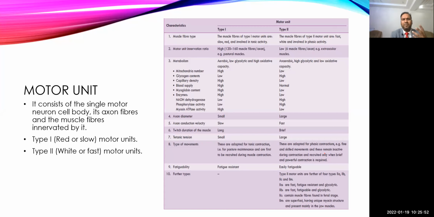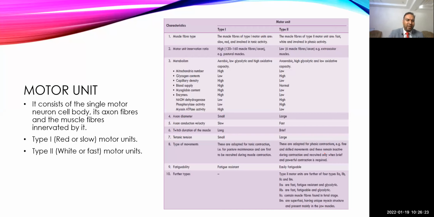Depending upon the motor units, sometimes we can divide muscles into fast and slow muscles, like muscles of the eye, which are very fast to act, so they are usually made up of white fibers, while muscles of the trunk or back, which are slow to act, are usually made up of red motor units. With exercise and training pattern, we can also increase or decrease these components.